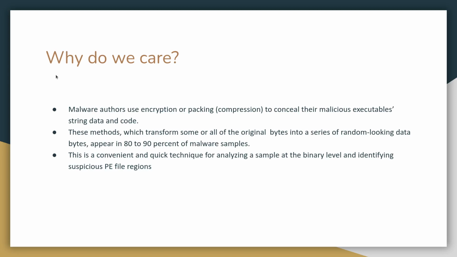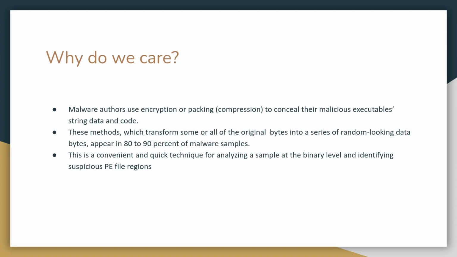Why do we care about this? Well, a lot of hackers creating malware use encryption or packing, which is basically compression, to conceal their malicious executable string data and code. You remember when we were using strings to find strings in the binary, and we were able to find domain names, IP addresses, Windows API.